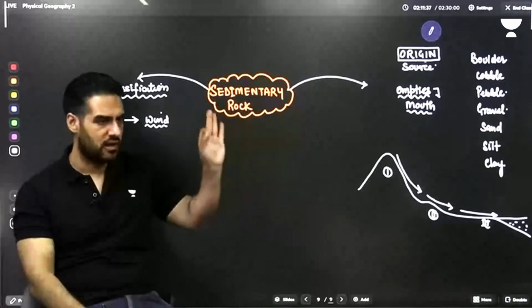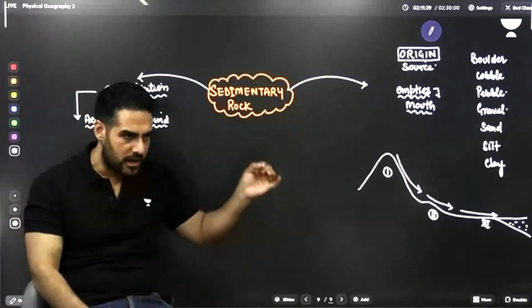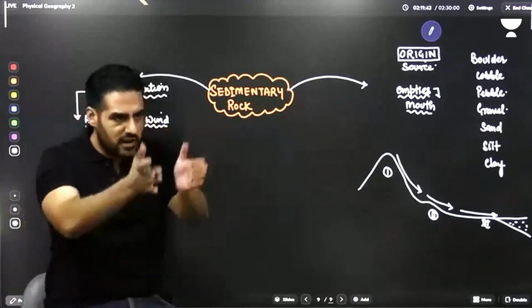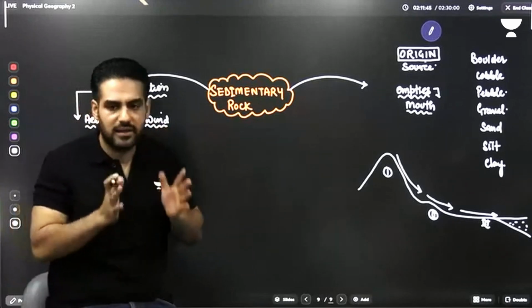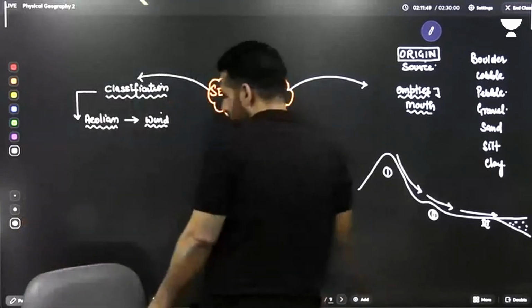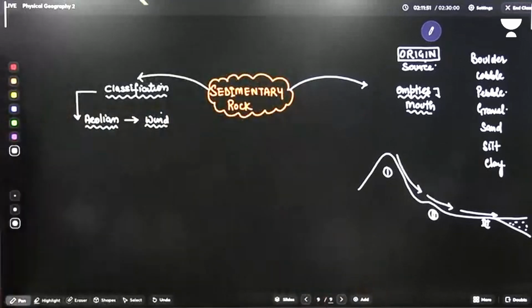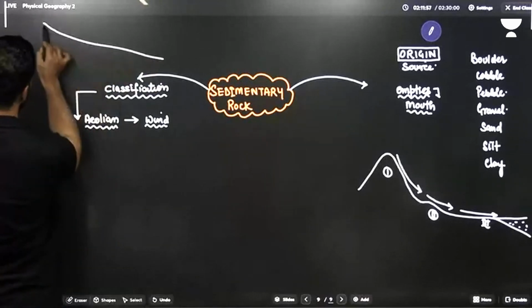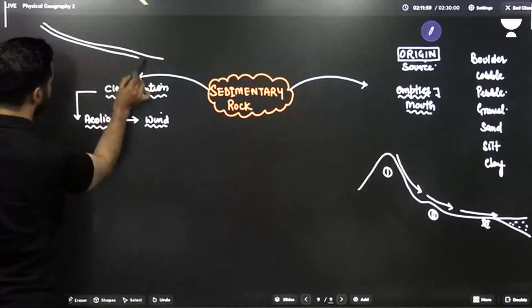The entire area or entire path followed by an individual river is called its river valley. Am I clear? Now, if I give an example here, assume I am giving the example of river Ganga. What is this river? Ganga.